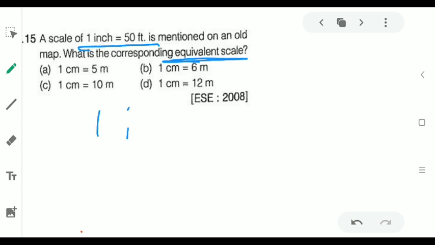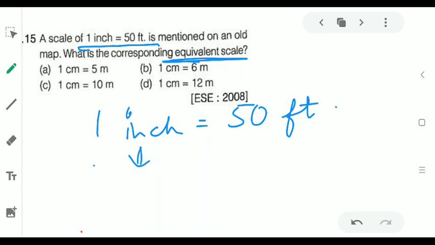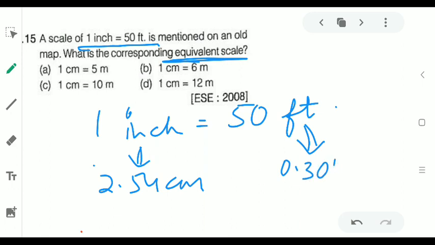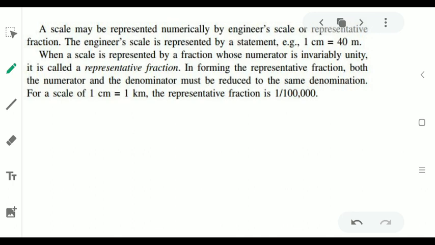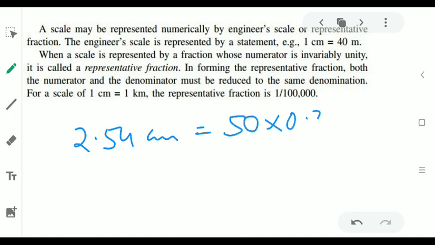Now this 1 inch is equals to 50 feet is given to you, so you have to convert this into engineer's scale. Since 1 inch is equal to 2.54 centimeter and 1 feet is equals to 0.3048 meter, if you equate this value, that will be 2.54 centimeter is equals to 50 into 0.3048 meters.